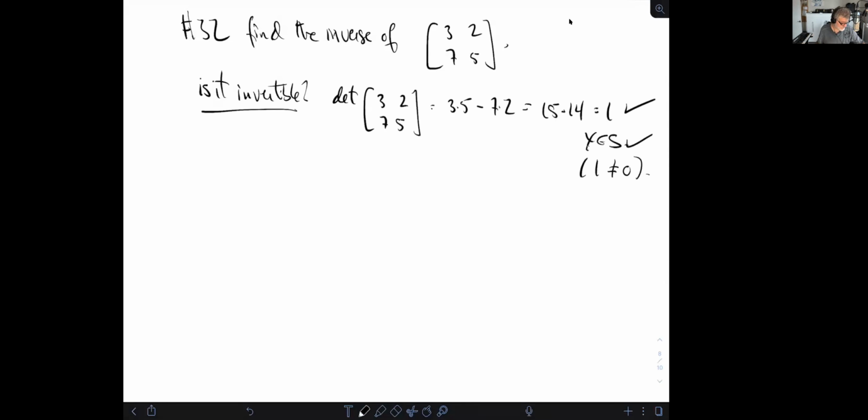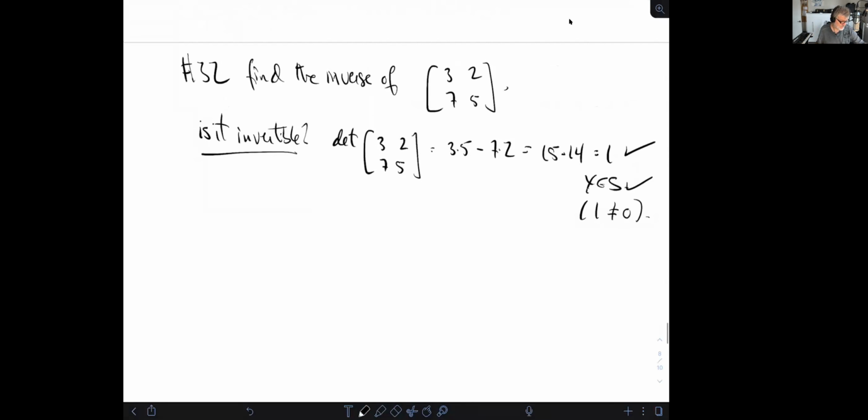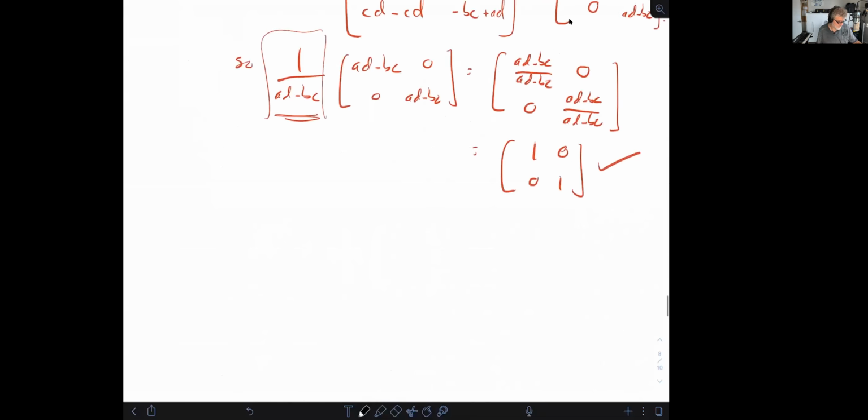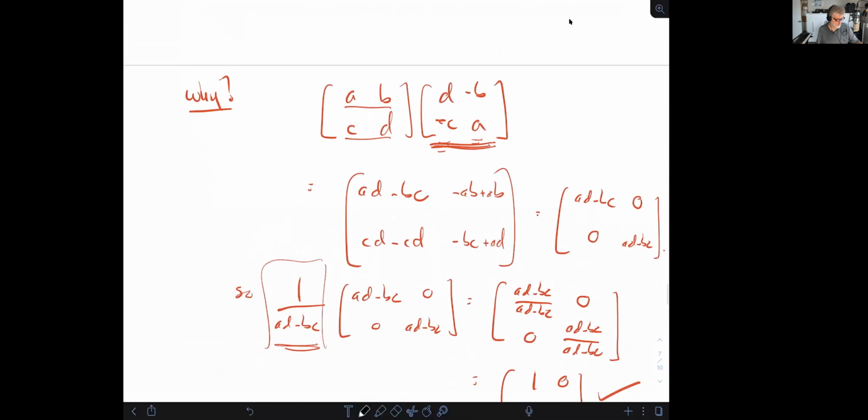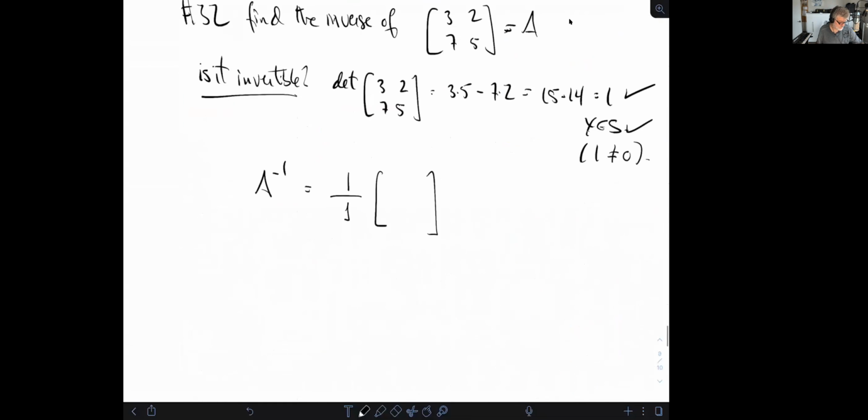What is its inverse? Let's call that A. So A inverse is 1 over the determinant, which happens to be 1 in this case, times, and let's go back to our formula. What you do is you flip the entries in the diagonal, and you put a minus, and you multiply the others by -1. So this is 5, 3, minus 2, minus 7.